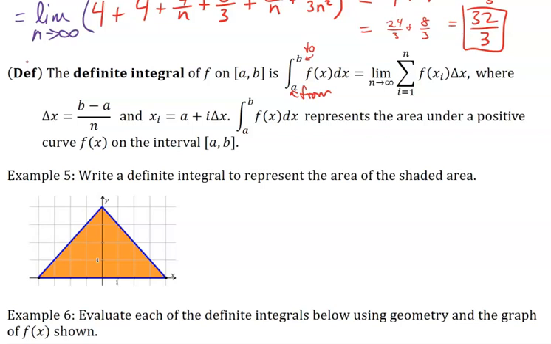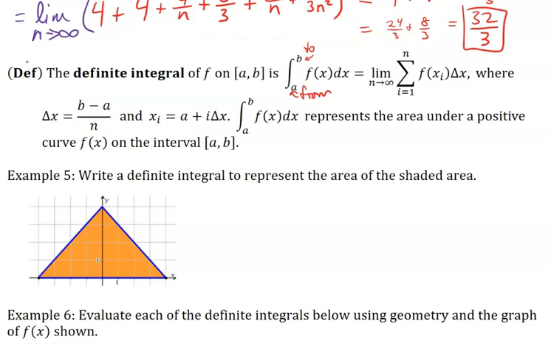And that's equal to the limit as n approaches infinity of the sum from 1 to n of f of x sub i times delta x, where delta x is equal to b minus a over n, and x sub i equals a plus i delta x.